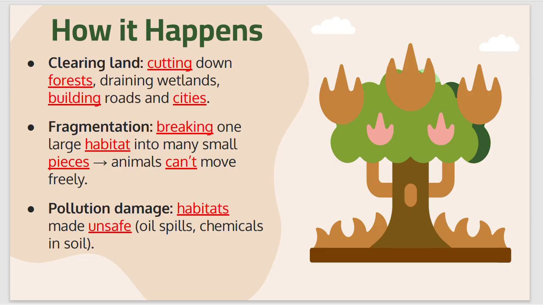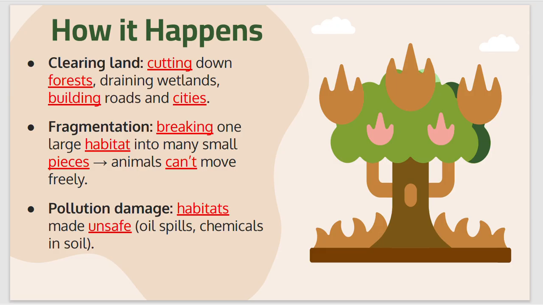So cutting down forests, usually for cattle farms, to use the resources, to build homes. Draining wetlands, again, to use the water, but usually to use that land for something else. And then building roads and cities, obviously that takes up land. Whatever land we're building roads and cities on is no longer natural. We have used it for urbanization.